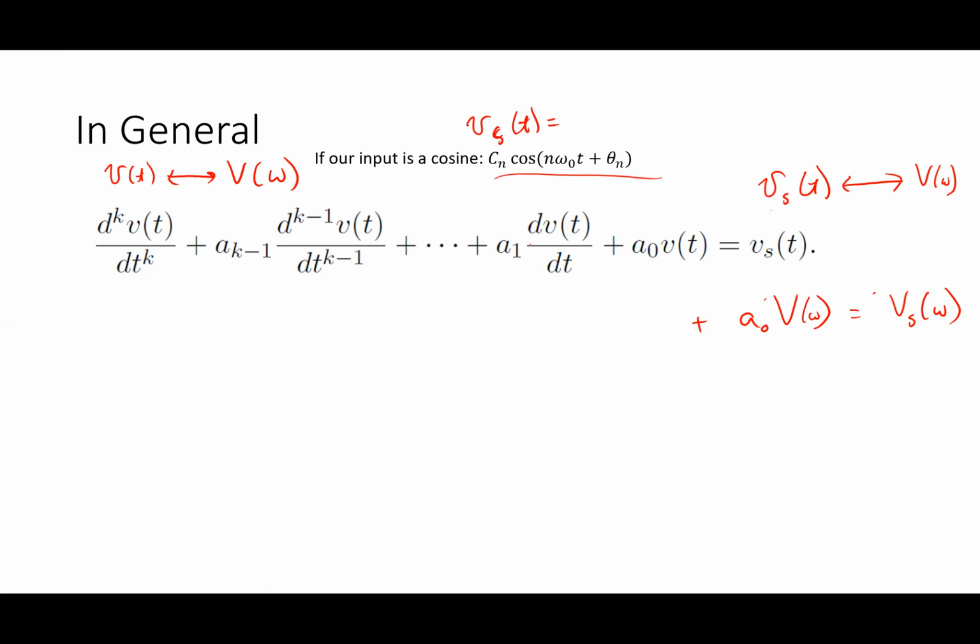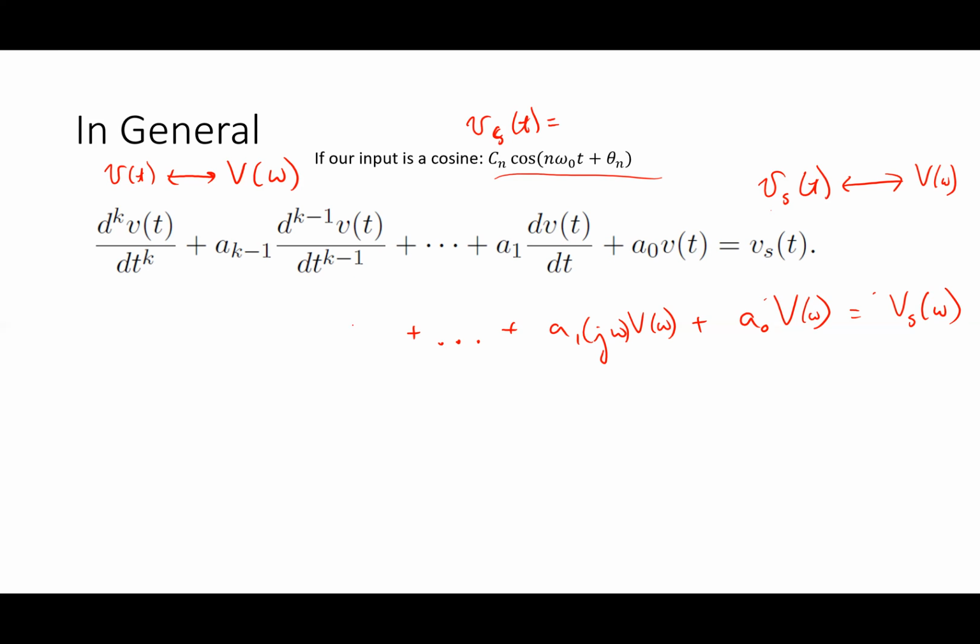Now, here I come to the first derivative term. So I write V of omega. I replace the d by dt with j omega and multiply that by A1. And then I can keep going. All right, so I'll take this k minus 1 derivative term.